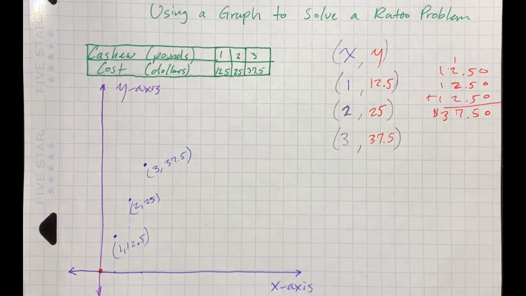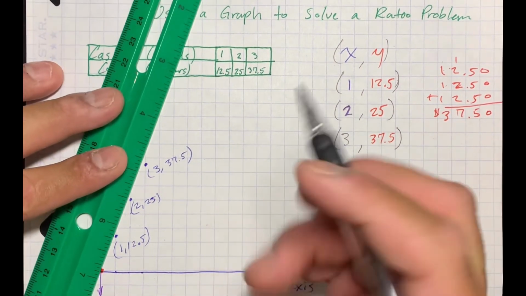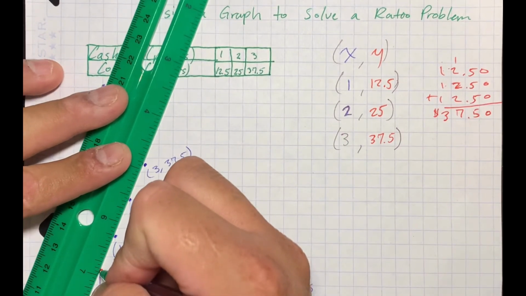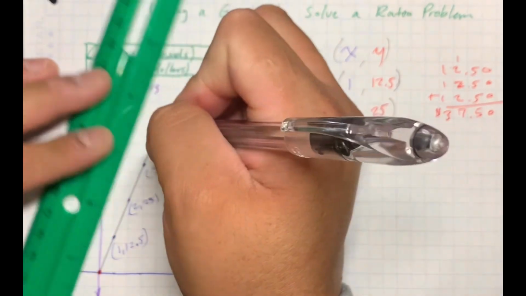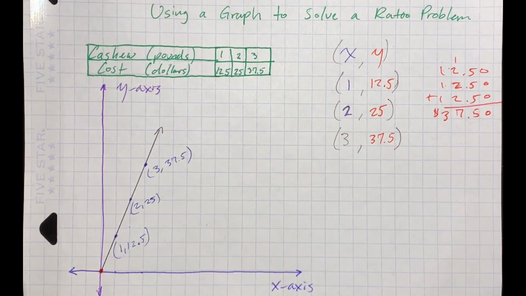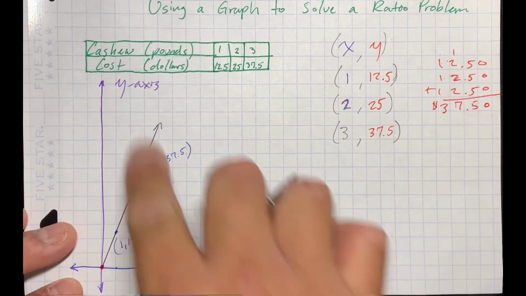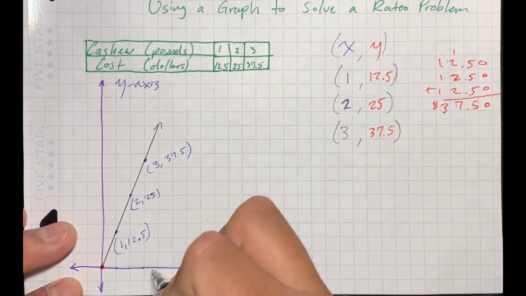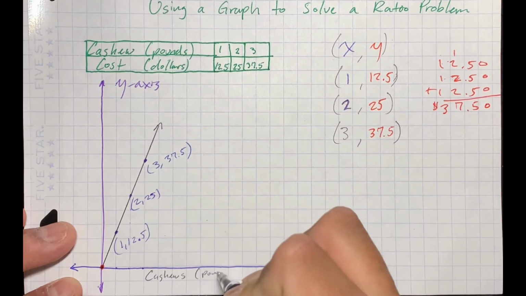And again, find a really nice piece of paper, fold it in half, and use that straight edge to connect the origin to the very last plotted point there, and extend that out. And there's your graph. So we can take it a step further and label this coordinate grid. The x-axis represents cashews, in pounds.